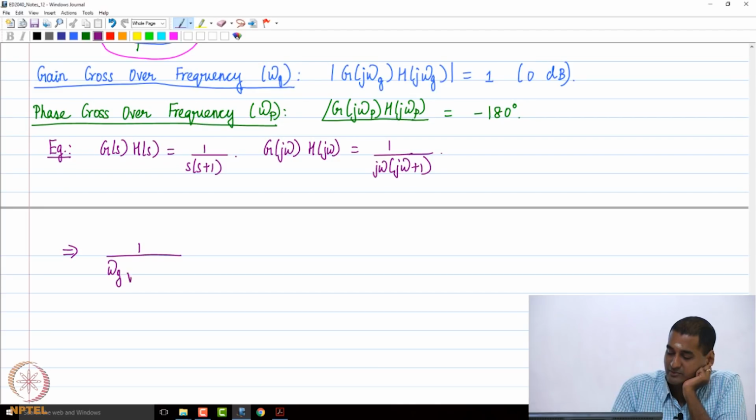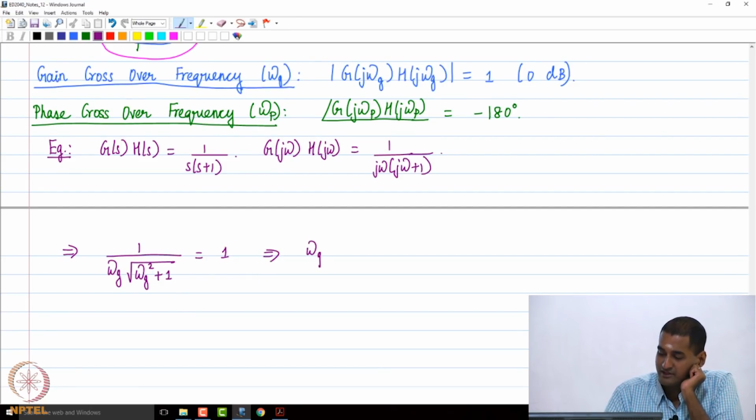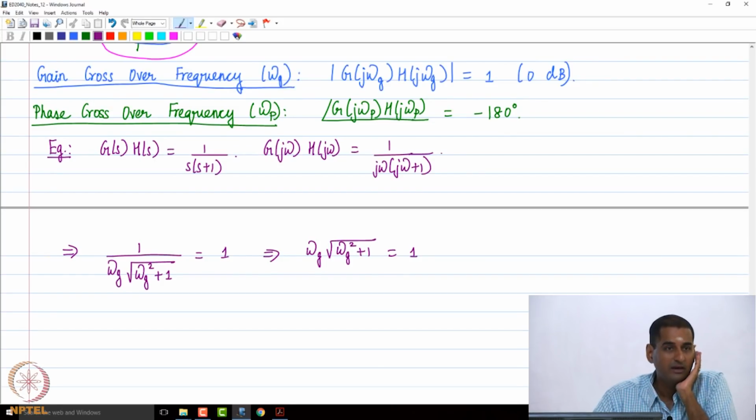It is going to be 1 over omega g times the square root of omega g squared plus 1 equals 1. Am I correct? Then how can I calculate omega g from here? Of course, I cross multiply. This will imply that omega g times the square root of omega g squared plus 1 is equal to 1.